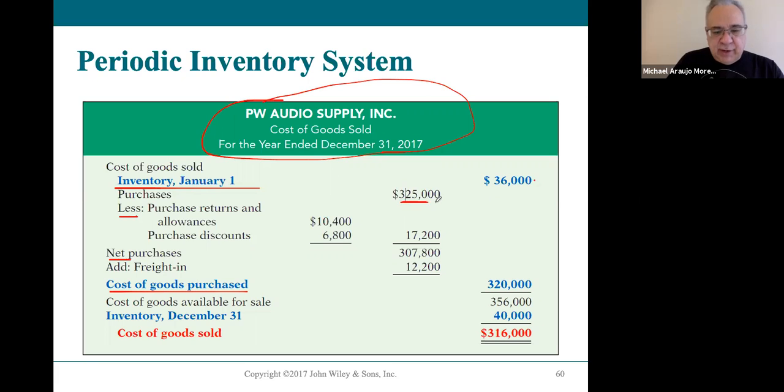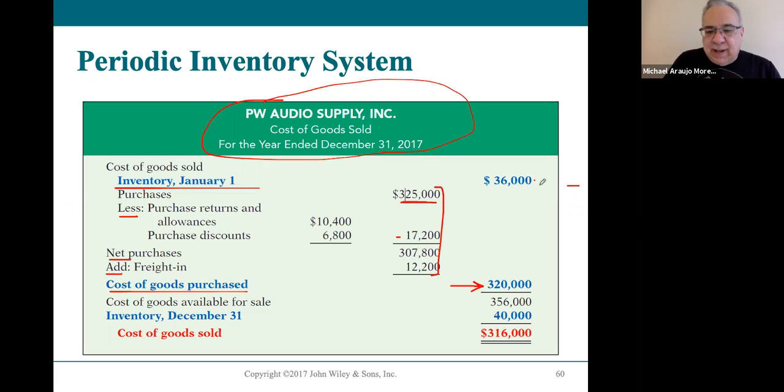So if you bought $325,000 worth of goods, you sent back $17,200, or you got discounts on that. So that's your net purchases, but then you had to pay for freight, so you had to add that in. So the 320 here is the total of all of that process. Buying inventory, subtracting out what you sent back or what you got a discount for. Remember, this is the buyer. Adding in your freight, that gives you your total cost.